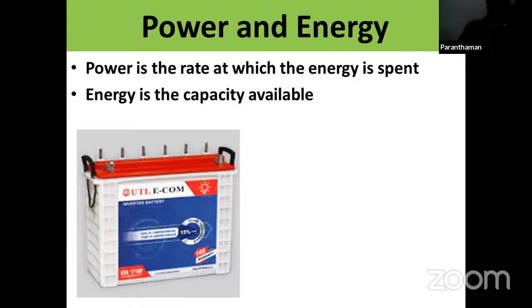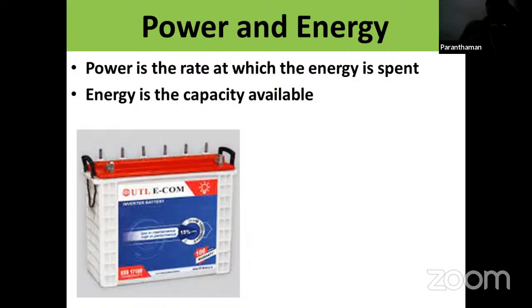What is the formula for energy? Voltage into current into time. Voltage is 12, current is what the load is taking, and the time is how long we connect the load with the battery.